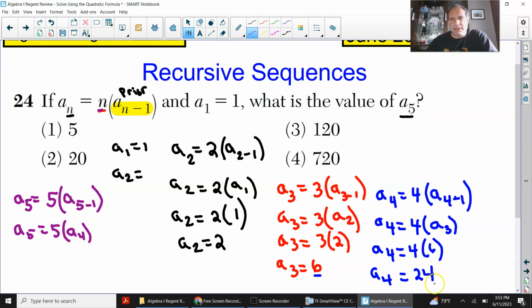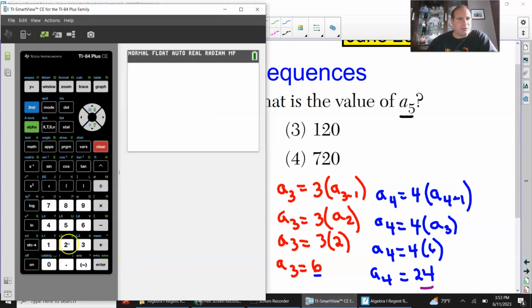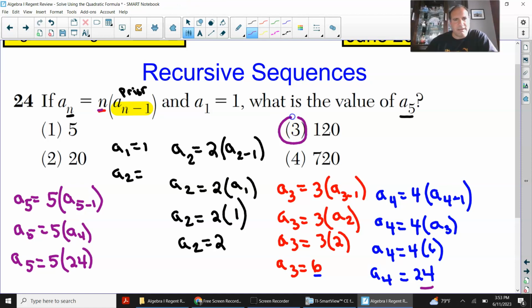A sub 4 we already know is 24. So a sub 5 equals 5 times 24. We'll get our calculator just to make sure 100%: 120. And a sub 5 is 120.